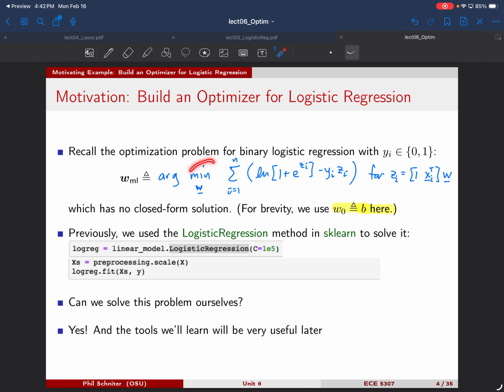And now we can just optimize over a single parameter rather than having to write minimize over b and w. Okay, so this is what we saw in the last unit.